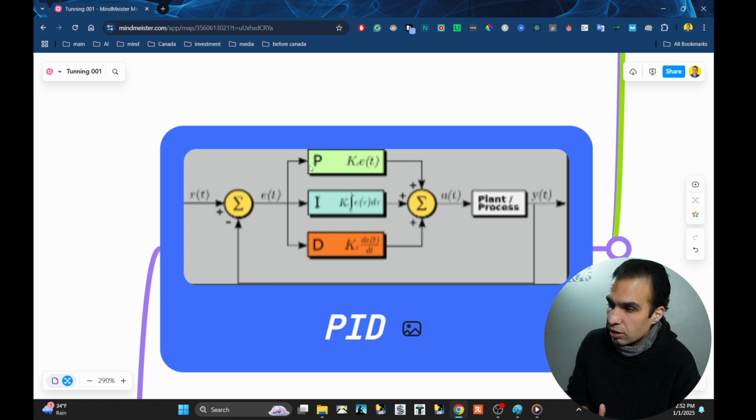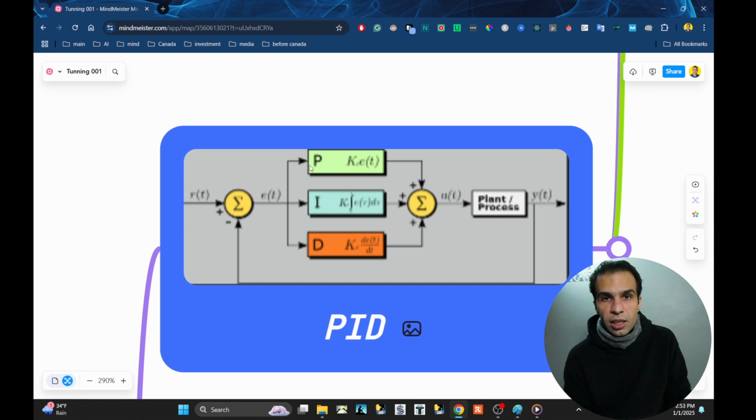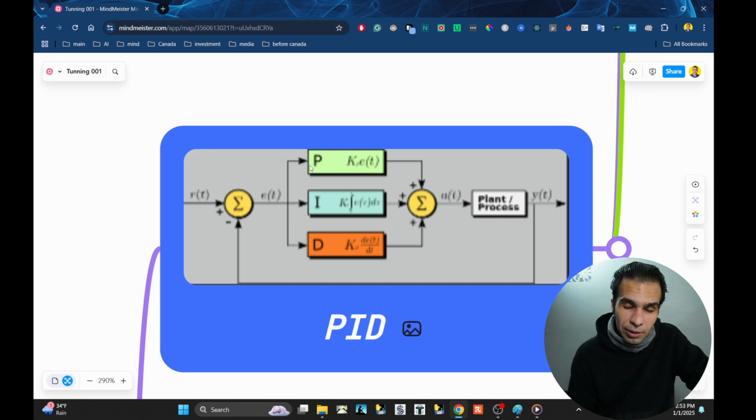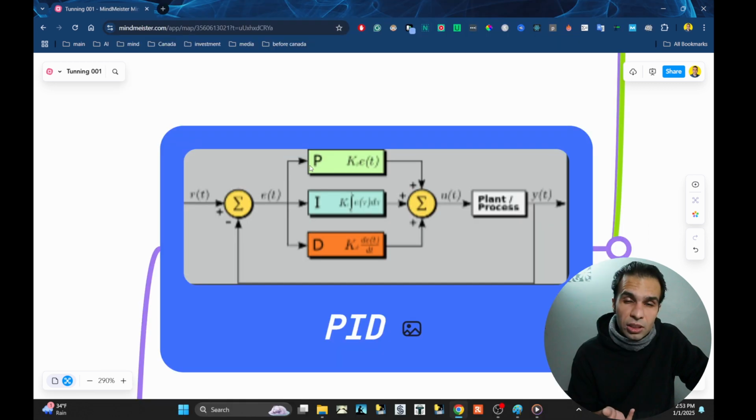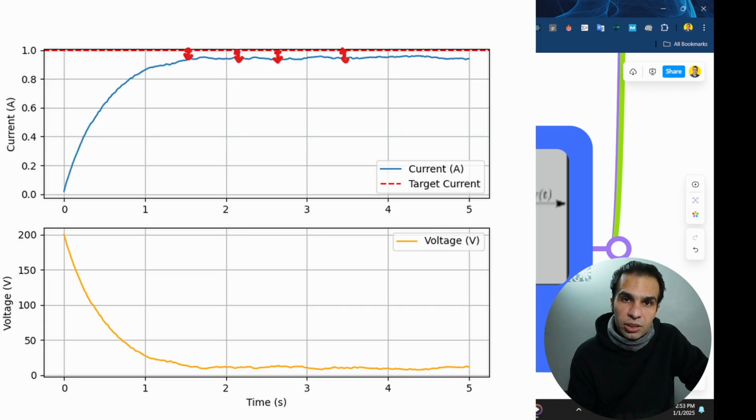The next one is integral. Imagine that you already turned the knob and you're getting close to 100 degrees, but you are almost there, not quite there. After some time you see that although the water is flowing, it is not enough. Here, what kicks in is the history.